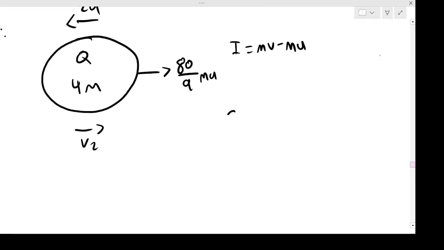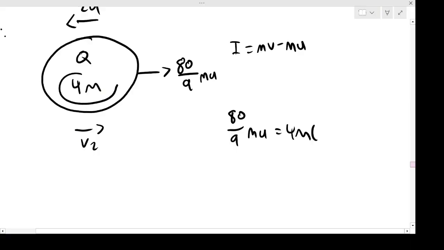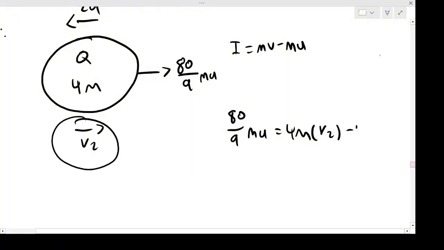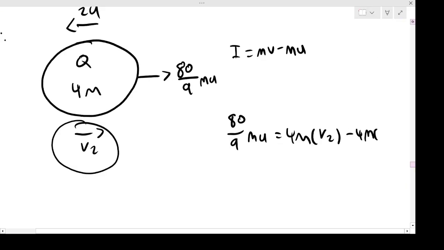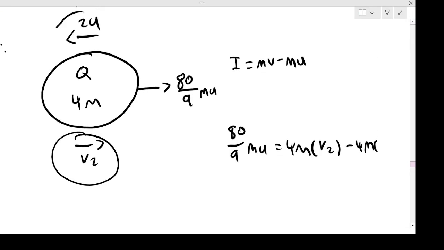And so the impulse of 80 over 9 mu is going to be mv take away mu, where the mass is 4m. Okay, please don't get the m's confused. So it's 4m for the mass. So 4m times v, so v2 here, take away 4m of the initial speed. Initially it's 2u, but it's in the negative direction, so it's minus 2u here.